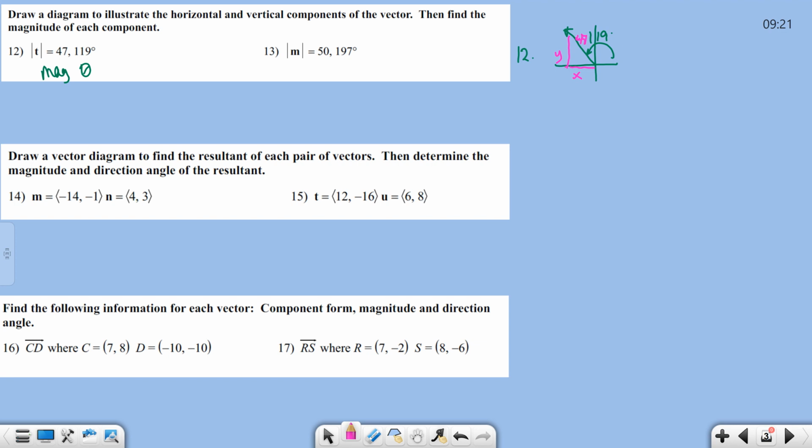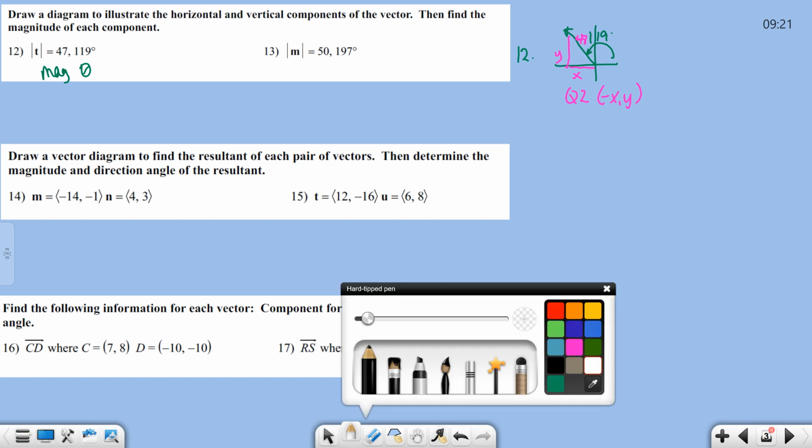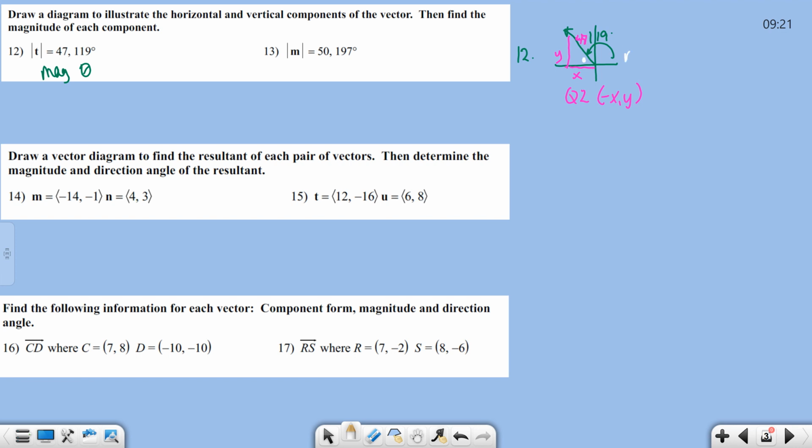Do not forget that in quadrant 2, your x is going to be negative, your y is going to be positive. The other thing I have to remember is I need to use the reference angle. So what is the distance between 180 and 119 degrees? That's right. That's 61 degrees.